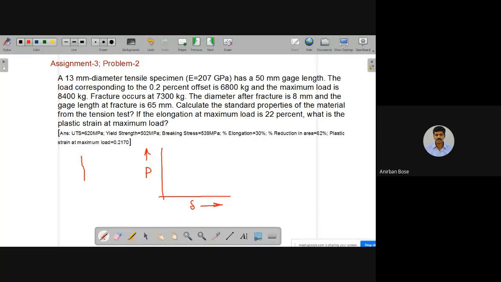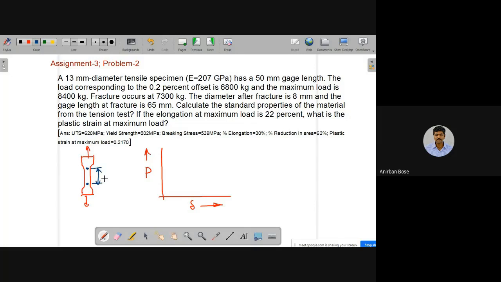There is a sample like this. This kind of sample is there, and then tensile load is gradually applied from 0 to a higher value, and between 2 points, maybe this point and this point, this is the gauge length. Okay, the initial length.